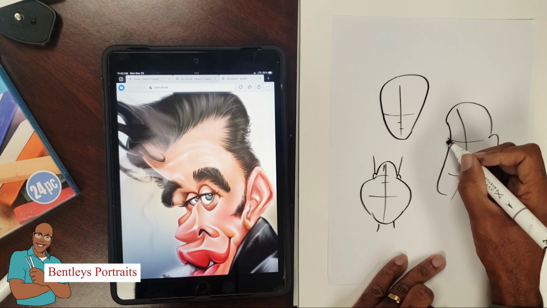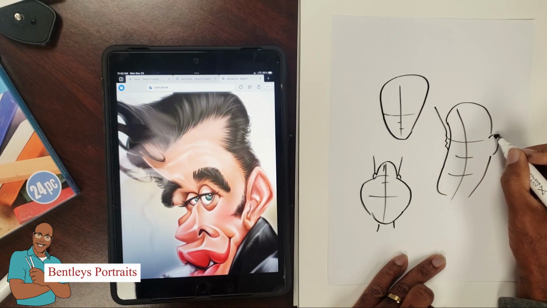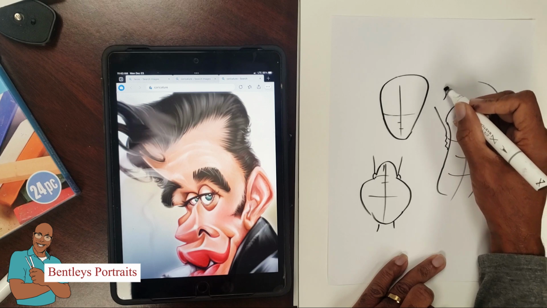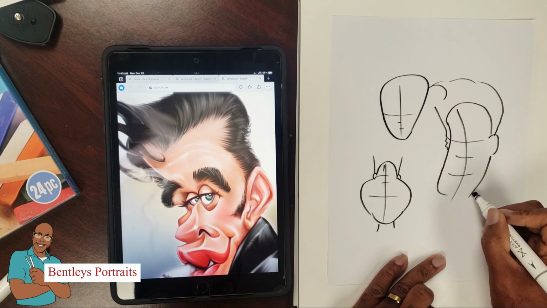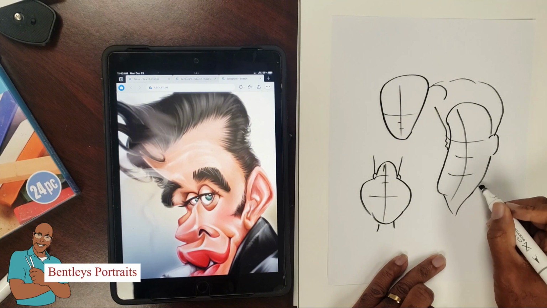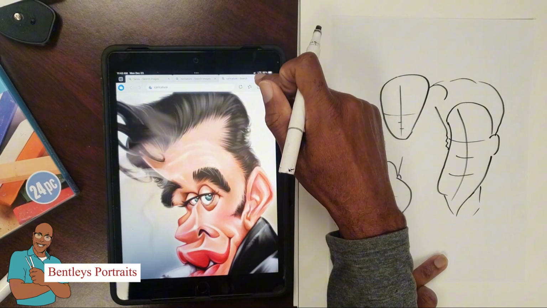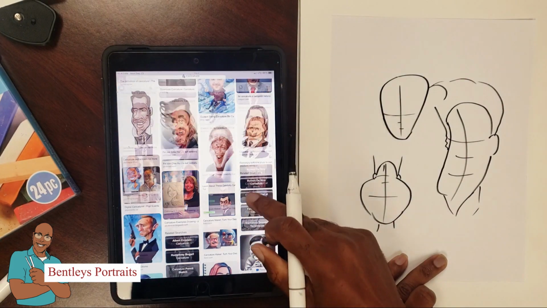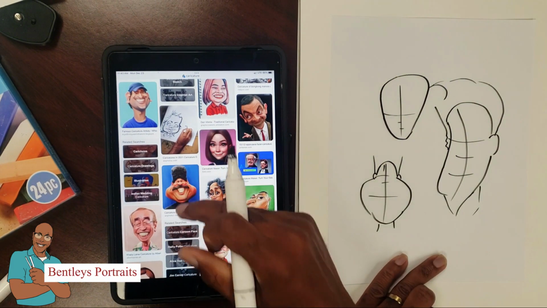And so that's what makes it fun, and also makes it challenging, because even though you exaggerate the person, it still has to look like them, where a person can look at it and say, yeah, that's him, that's her. So that's where the skill comes in as far as being a caricature artist.